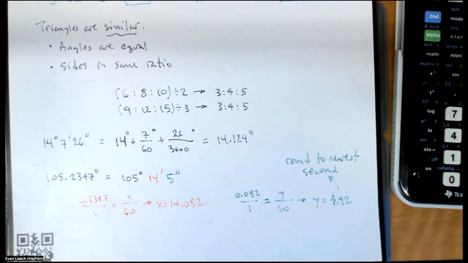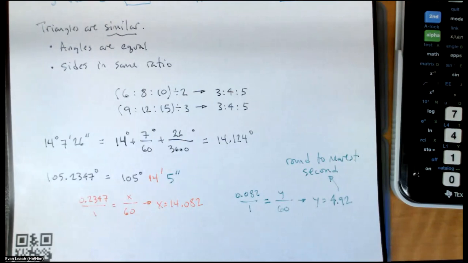Take off the whole number parts each time.